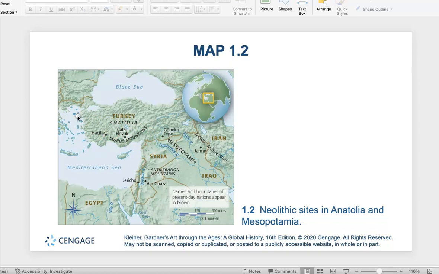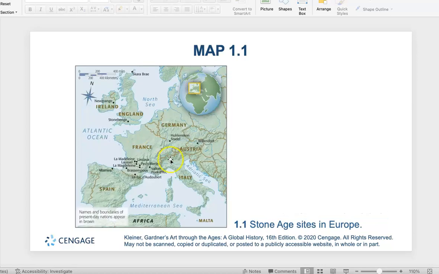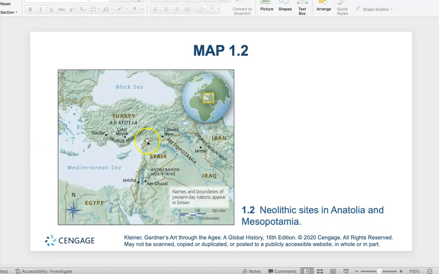Geographically, by American standards, they're not that far away from each other. But in this part of the world, they're worlds away from each other. So many different cultures, so many different languages, religions, you name it.